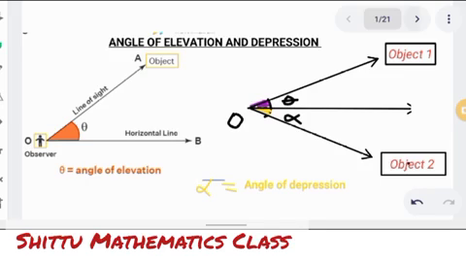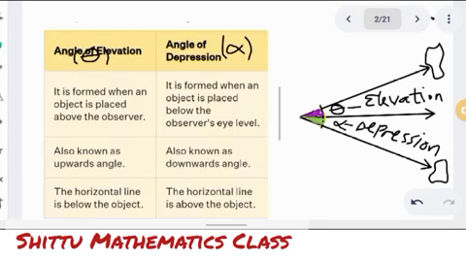From there, we move further. Here we have the angle of elevation. Before we jump into solving any problems, I would like to give the differences between the angle of elevation and depression.